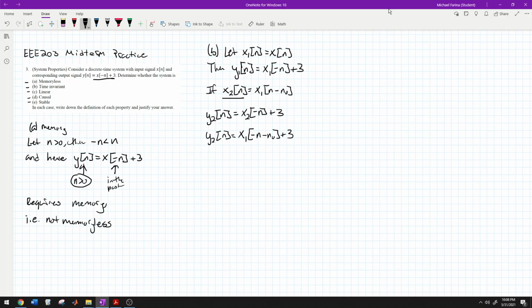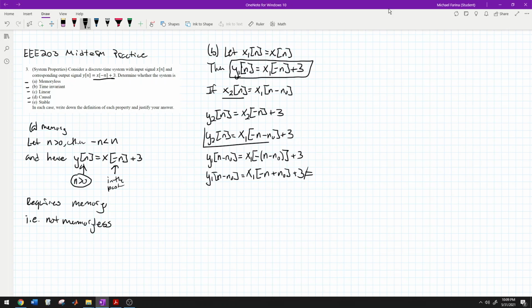So we'll come down here, we'll see that if we shift y1 by some n naught, and we use our formula for y1 right here, then we get that y1 of n minus n naught is equal to x1 of minus, and here's our shift now, n sub naught, plus 3, which we expand, and that's equal to x1 of minus n plus n sub naught plus 3, and this does not equal what we found right here.